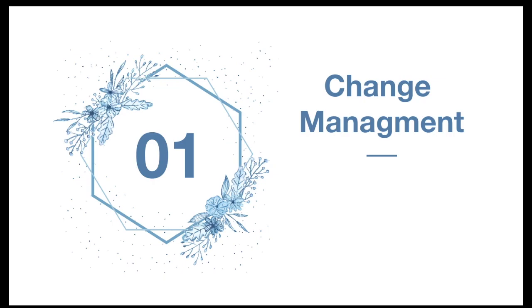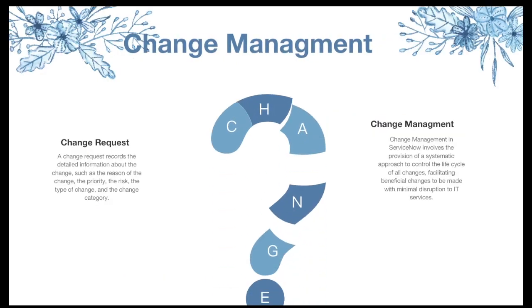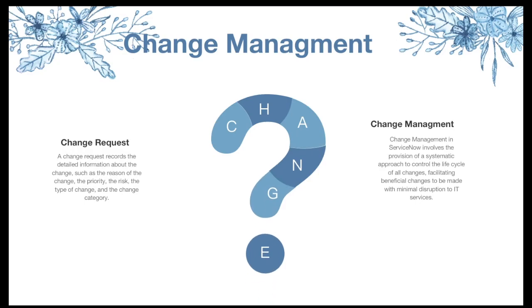So what is change management? Why do we need change management? A change request records the detailed information about a change, such as the reason for the change, the priority, risk, type of the change and the change category. Whenever you want to replace or upgrade your system, or change the router, you need a change.